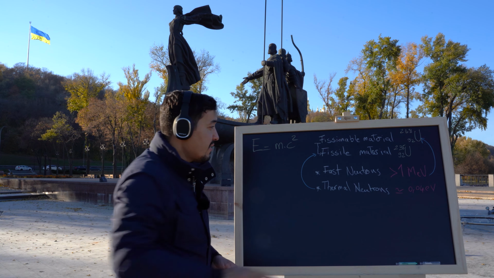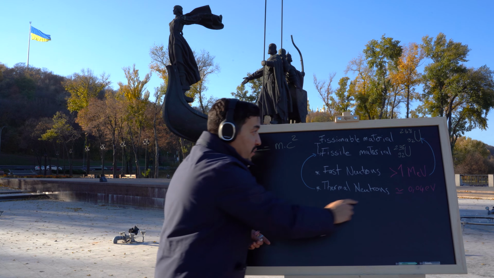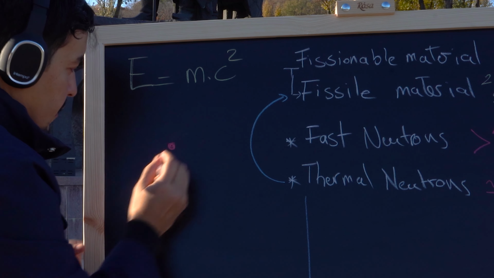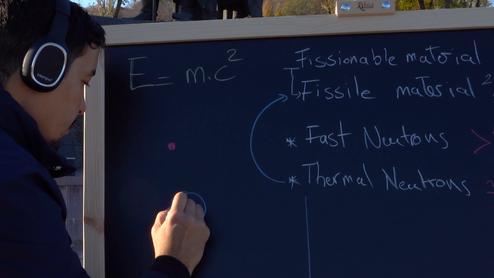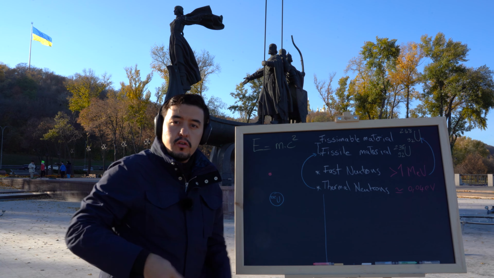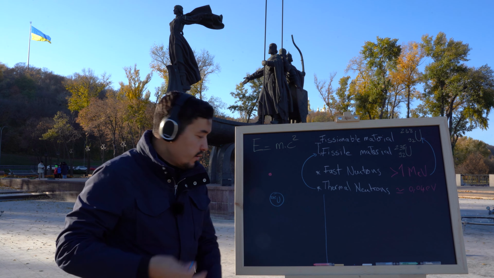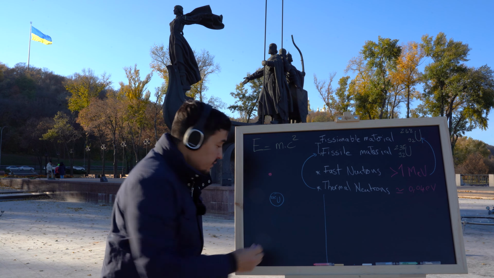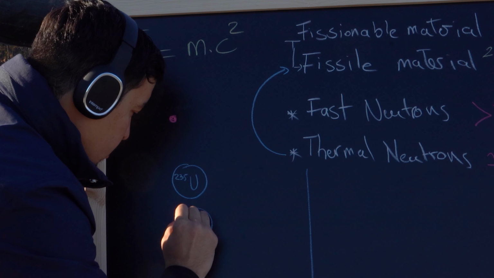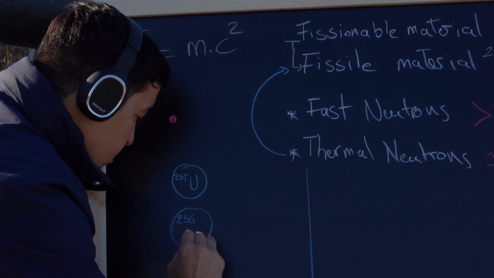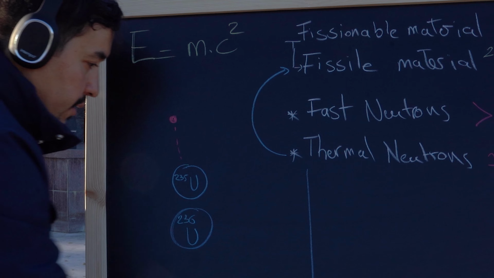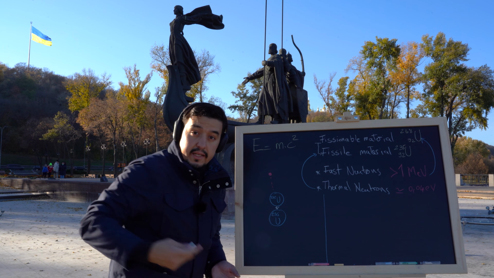So not only is the type of neutron you need to send on uranium-238 and 235 massively different, but on top of that, when you split this one here, so this is uranium-235, it will absorb the neutron and transform into uranium-236, and that uranium-236 cannot remain in that state.